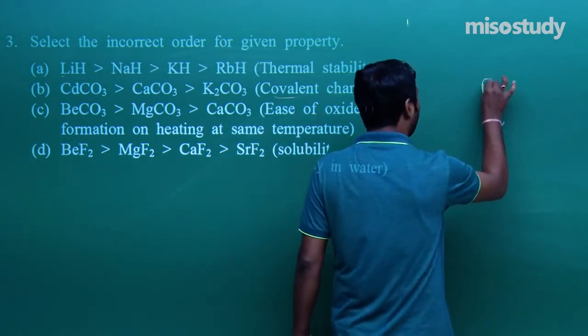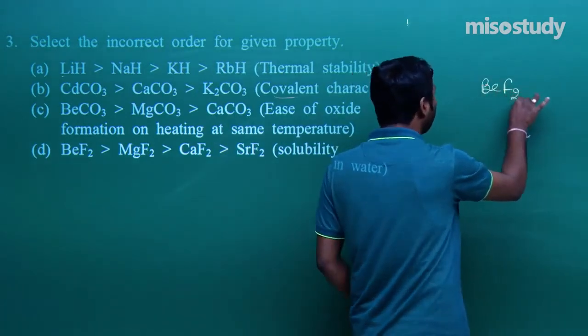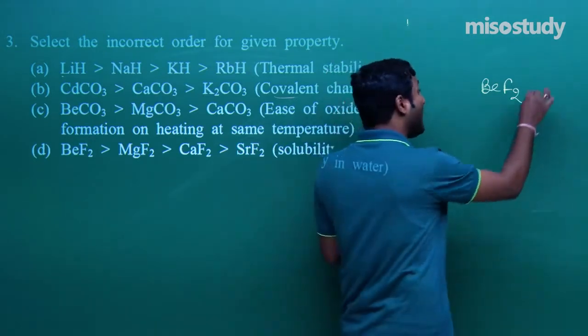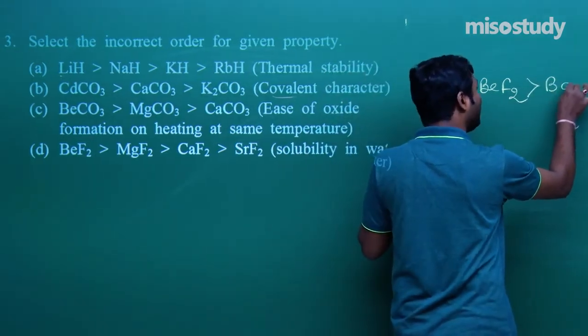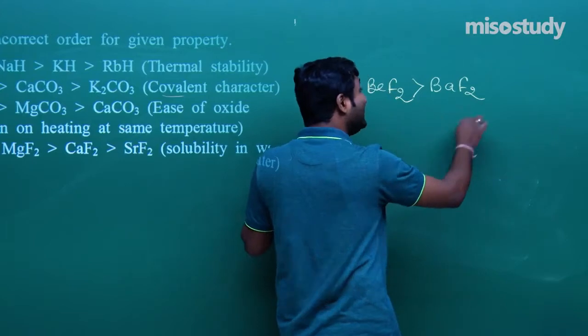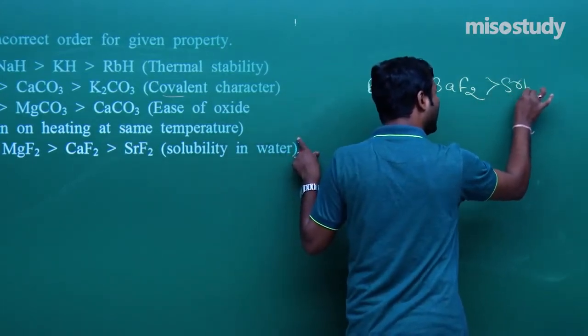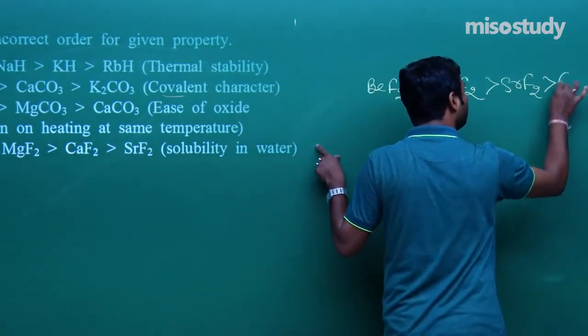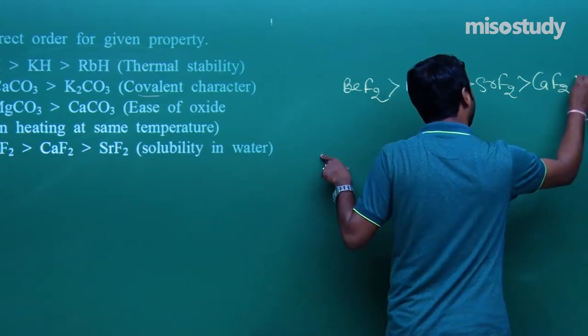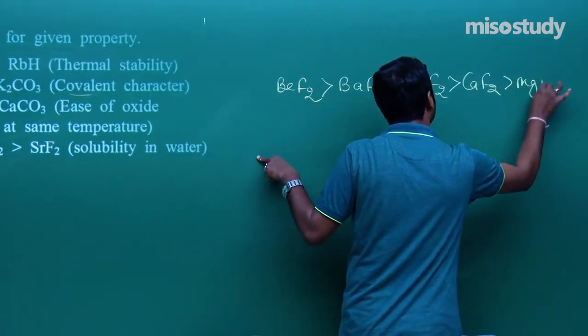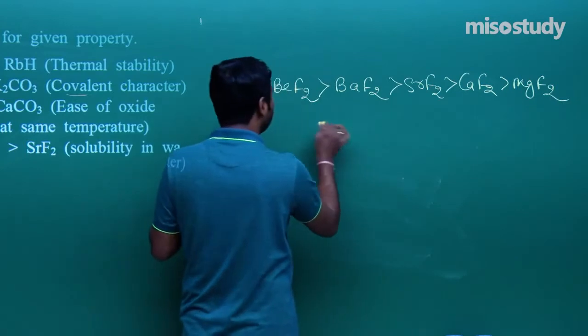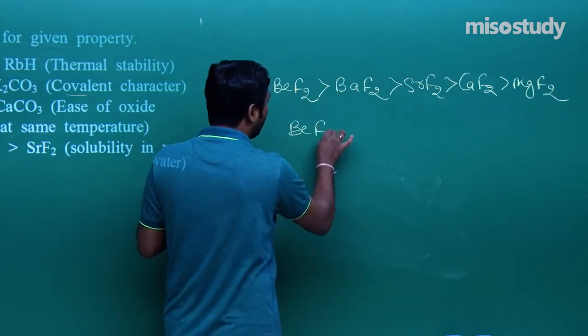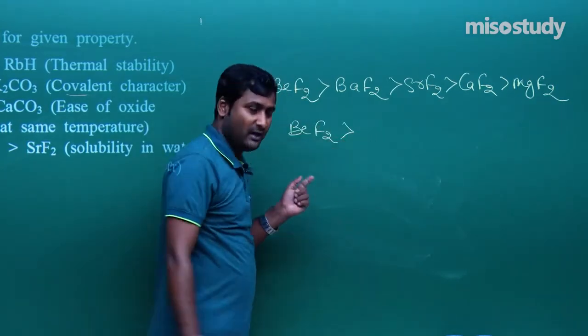The solubility in water order is BeF2. Now there comes BaF2. Remember this. Then there comes SrF2. Then comes CaF2. And finally MgF2. Remember this.